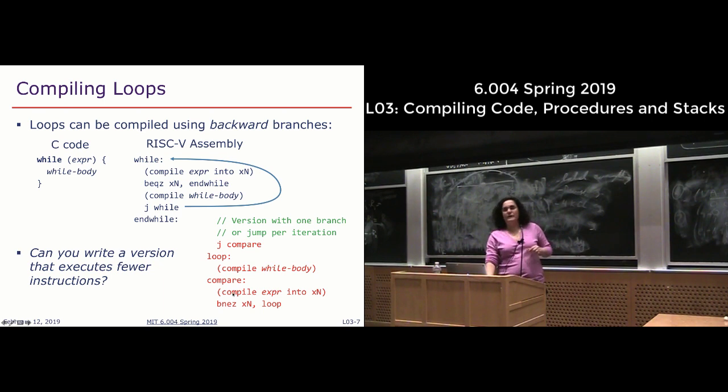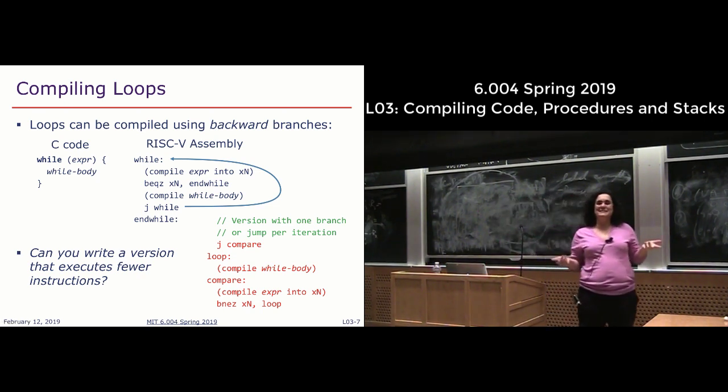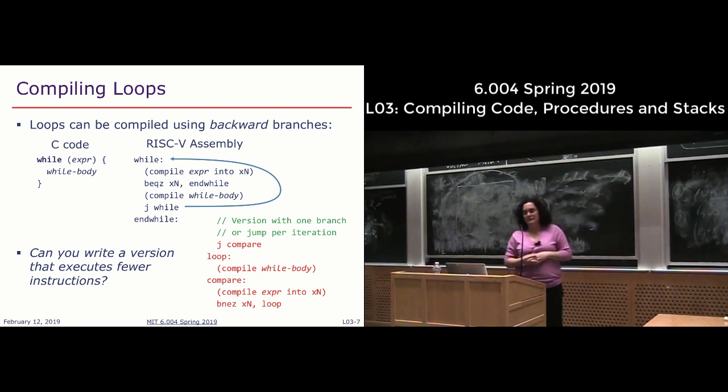I'm going to put the value of the expression into some register. And when do I want to actually execute the loop? I want to execute it when that expression is true. So I check if it's not equal to 0, meaning it's true, then I go ahead and execute the code associated with the loop. Okay? Any questions about that?